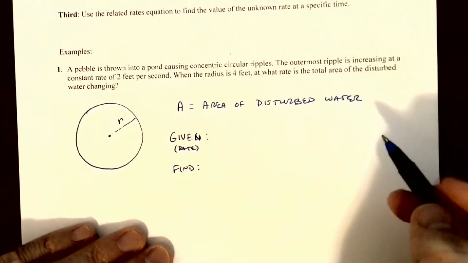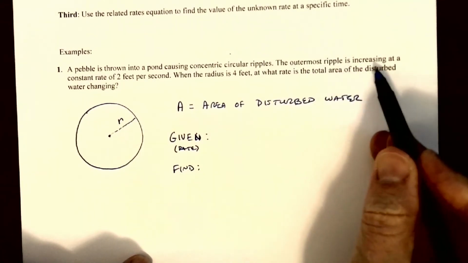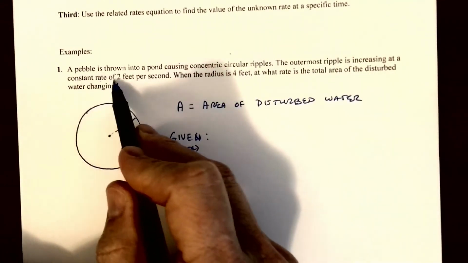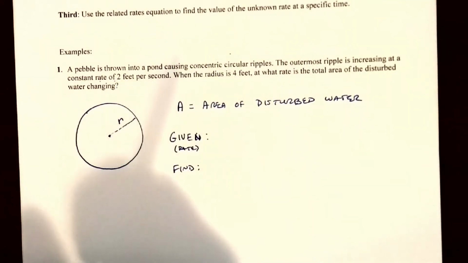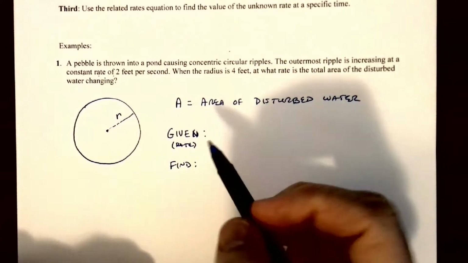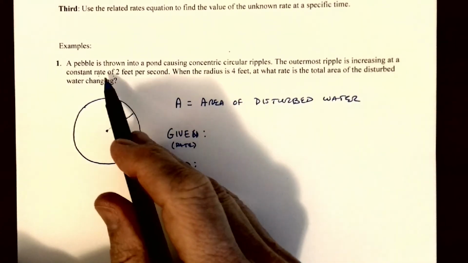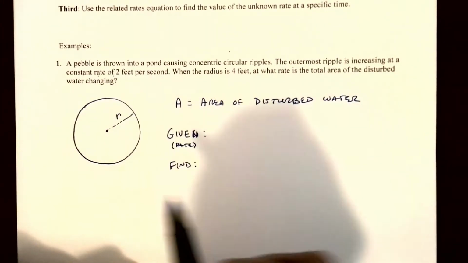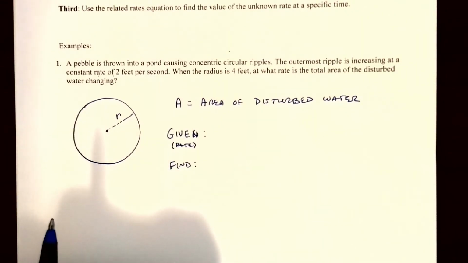The given rate in this problem, if you look at it, is that the outermost ripple is increasing at a constant rate of 2 feet per second. So that's the rate that we're given. And what does that relate to? What exactly is a rate, or a rate of change? The rate of change is a derivative. If you remember, we talked about the derivative as a rate of change.